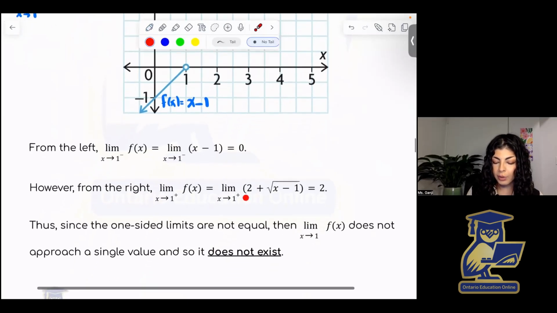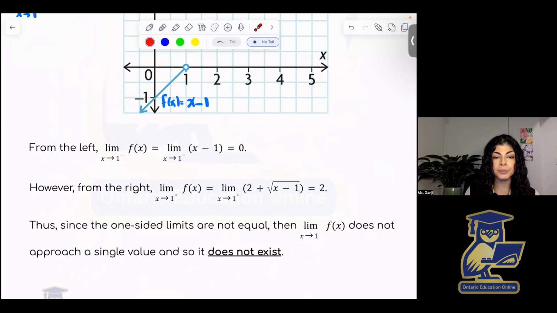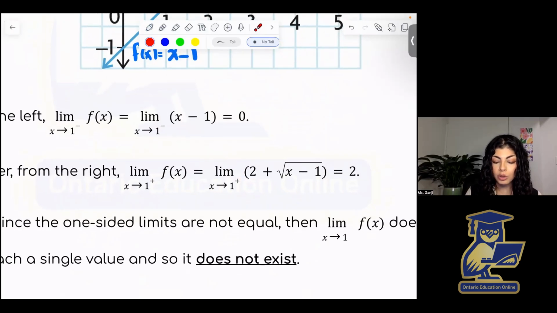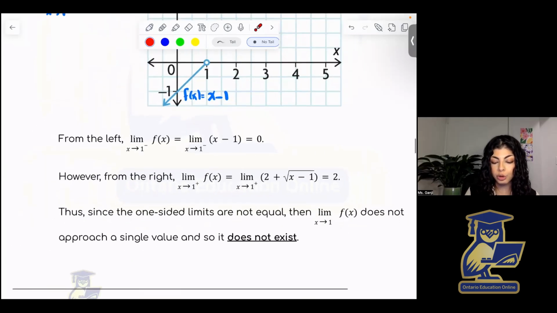One key thing I wanted to go over here was this part. So yes, I mentioned that we cannot write just part of f of x, but here I've shown that I am using f of x, and the part of f of x as x is approaching 1 from the right-hand side is this part of the piecewise function. So if you write this, then you can split it up into the part that you are using for that x value, but you have to show me this part first.